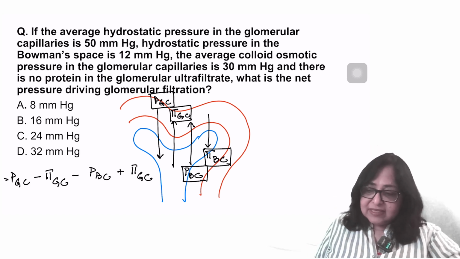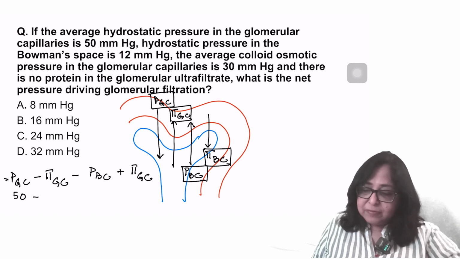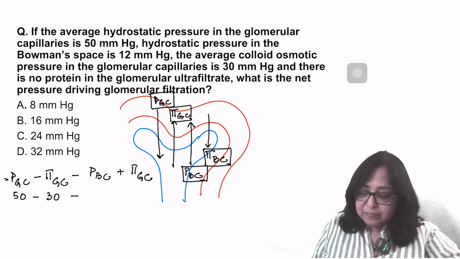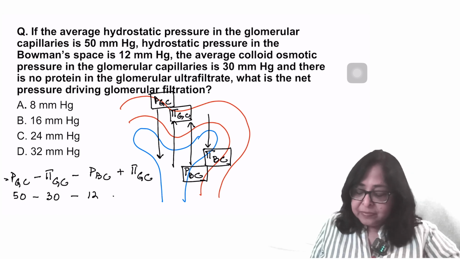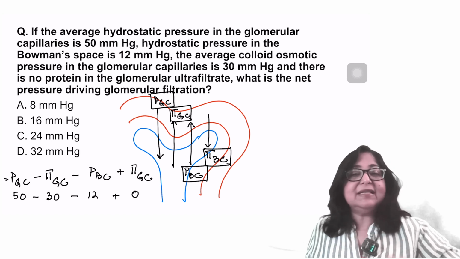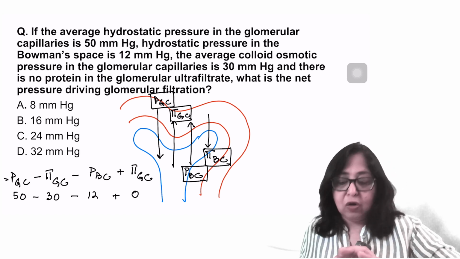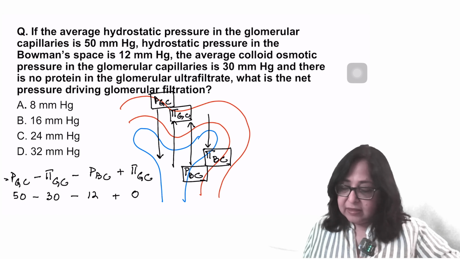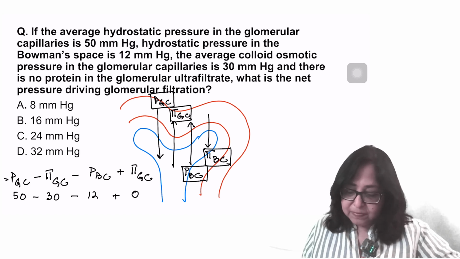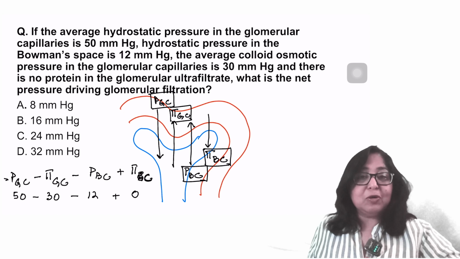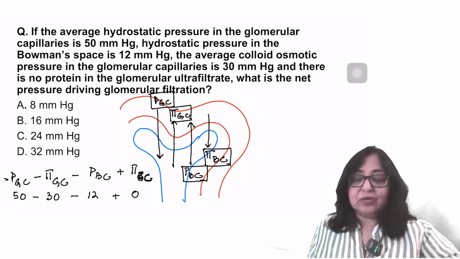Now, how much is hydrostatic pressure in the glomerular capillaries? 50. Colloid osmotic pressure in the glomerular capillaries is 30. Hydrostatic pressure in the Bowman's capsule is 12. No proteins in the filtrate means the colloid osmotic pressure of the Bowman's capsule is going to be 0.